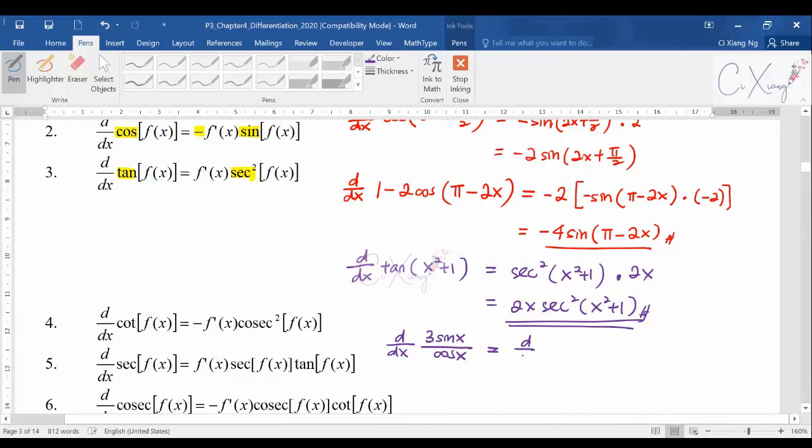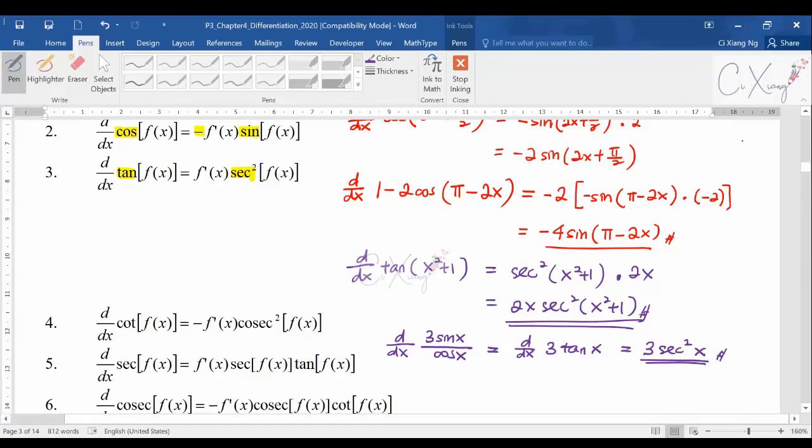If you know how to apply the simple identity, you will get 3 tangent x, right? Then only you can do the differentiation. Differentiate 3 tangent x, you will get 3, and differentiate tangent x, you will get secant square x. Then you differentiate the x, you get a 1, so multiply with 1. I don't want to write it anymore. So I'm having 3 secant square x.